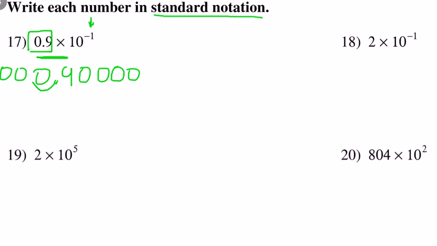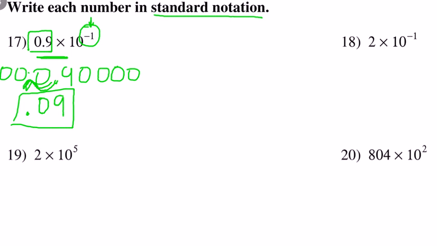Guess what? That is the same as if we move it this way. How many jumps? I just want to jump once. So my new place for my decimal point just moves over one spot, and now I have 0.09. And we're done. Sound good?